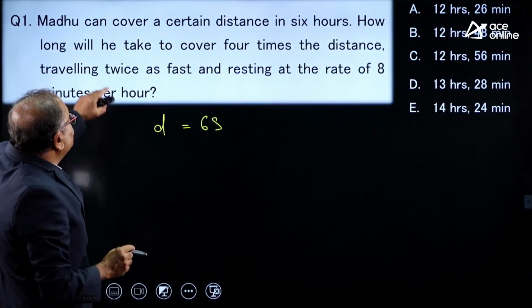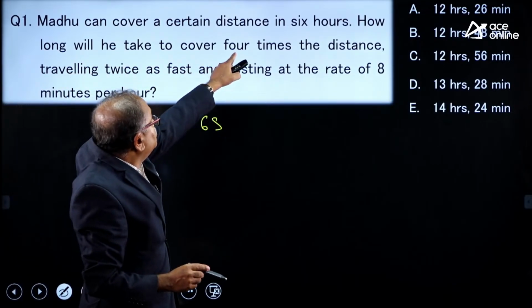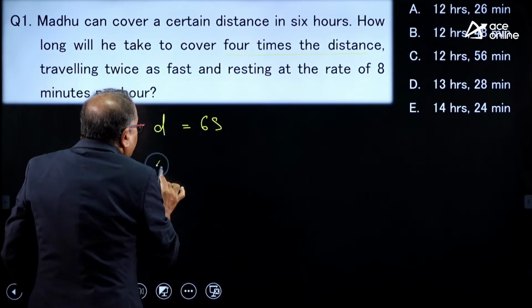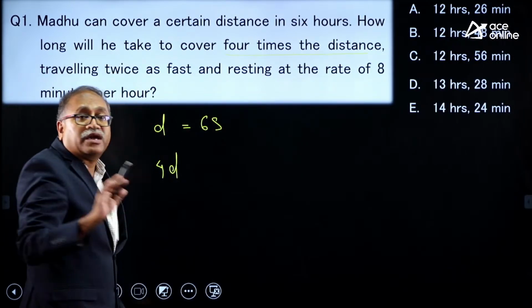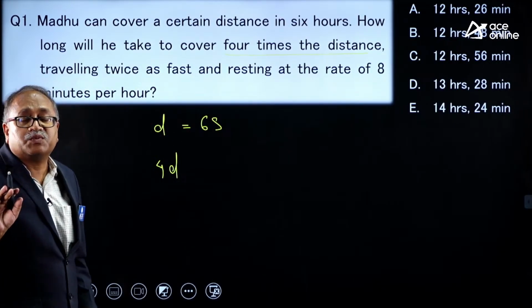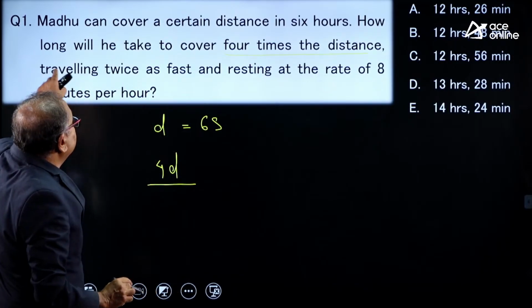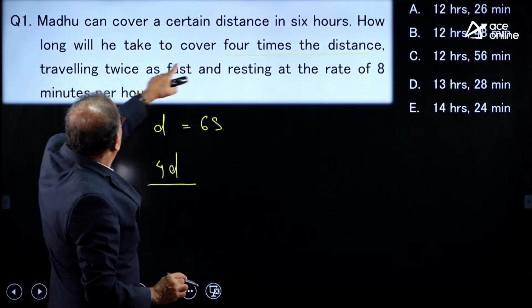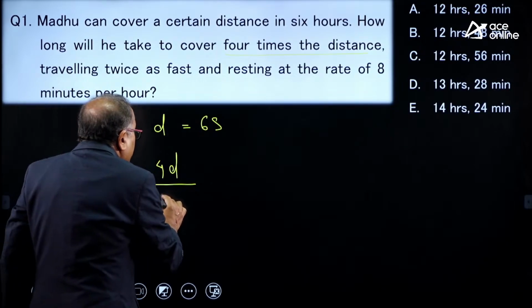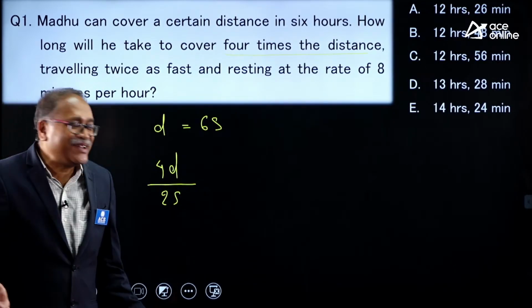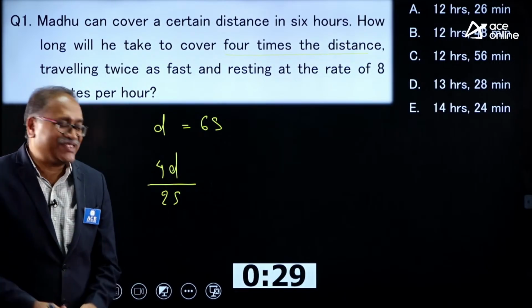Now, in the second case the distance is 4 times the distance, so I will take 4d. I need the time, time is equal to distance by speed. What is the speed in this case? The speed has become double, twice the speed, so it becomes 2s. So, what will be the time? Come on, your 30 seconds starts now.